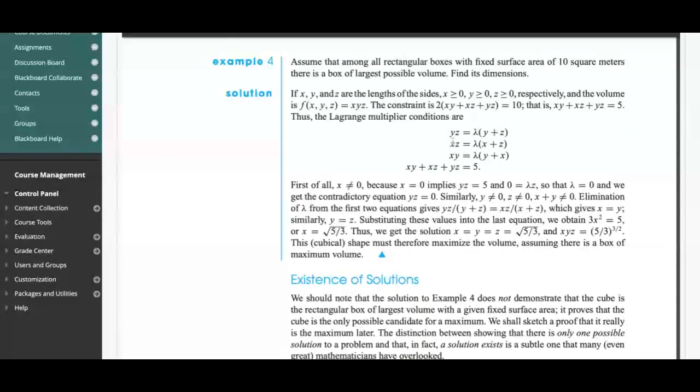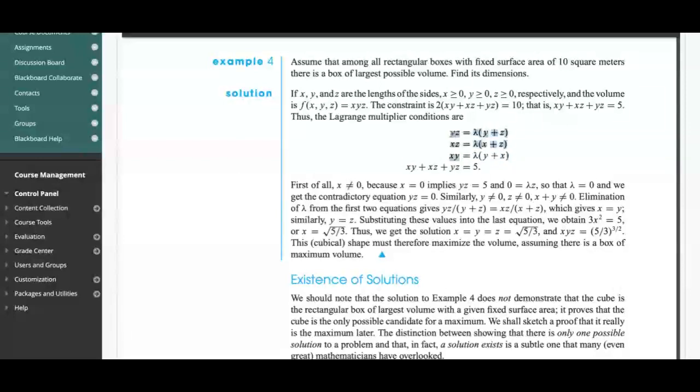Okay, the first one, so personally, how would I solve this? I would multiply x on both sides of the first equation to make x, y, z on the left-hand side. I multiply y for the second equation to make x, y, z on the left-hand side. I would multiply by z on the third equation to make x, y, z on the left-hand side.